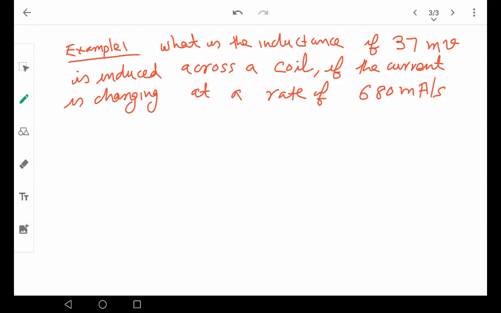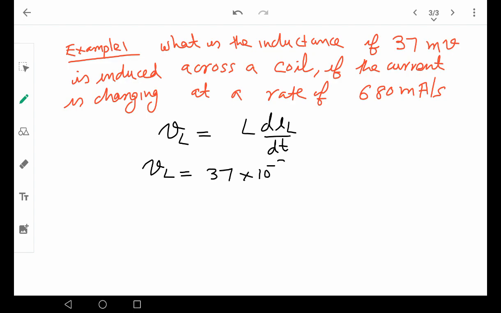We have the formula. You are asked to find the inductance. You are given the voltage and the rate of change of current. So you have the formula VL equal to L dIL by dt. VL equals 37 into 10 raised to minus 3 volts, and dIL by dt is given as 68 into 10 raised to minus 3 amperes per second.